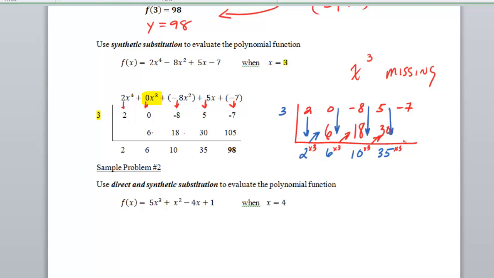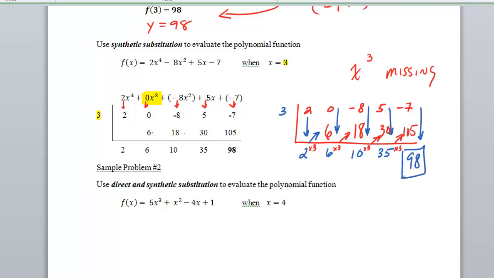Last time here we multiply this times 3, move it up, and that simply gives us 105. The very last step here is to combine these terms and we get a 98. Now there's nothing left to move it to, so we don't multiply this by 3, we just simply stop right there.